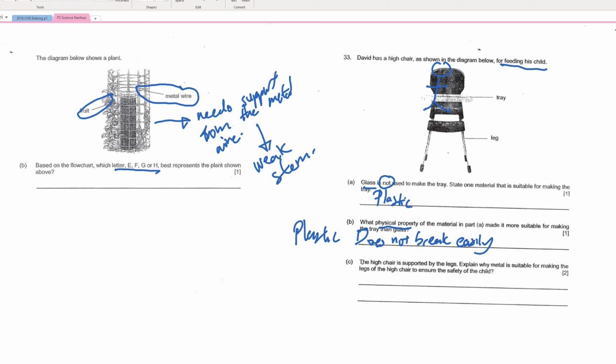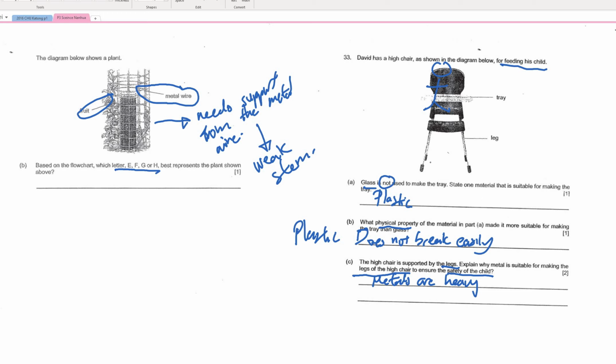Okay, for question C, the high chair is supported by the legs. Explain why metal is suitable for the legs of the high chair to ensure the safety of the child. Alright, metals are heavy, so they provide weight to the legs so that it does not topple over easily.